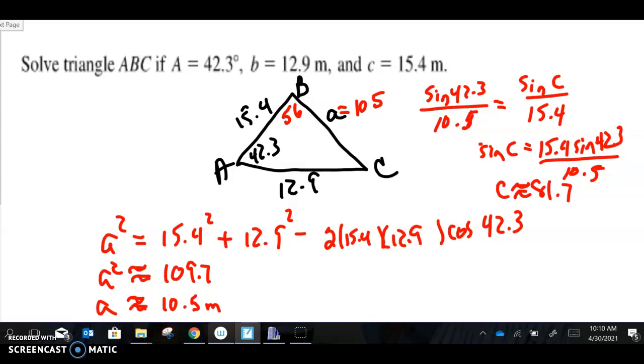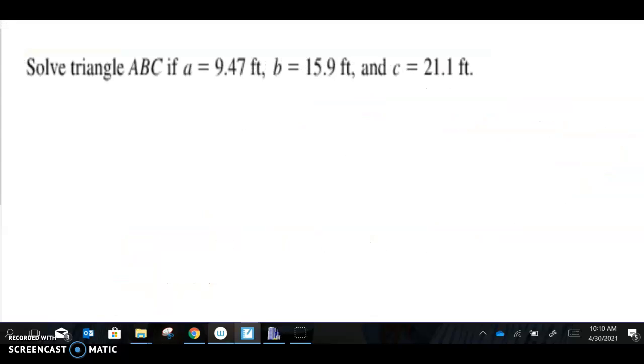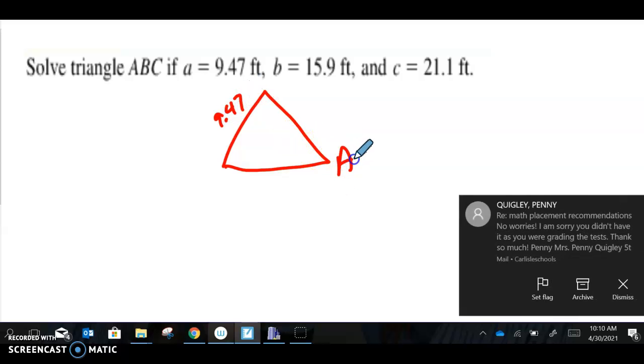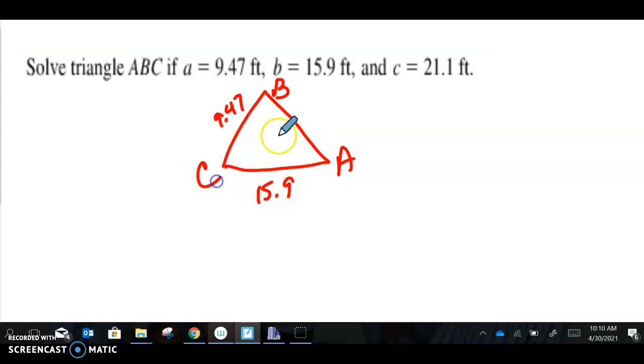Here's another example when I have all three sides and no angles. 9.47 is A. 15.9 is B. 21.1 is C. I have to use the law of cosines here, gang.